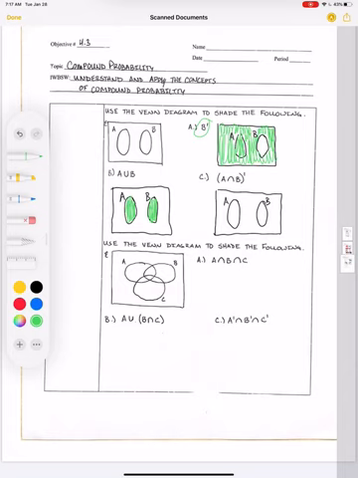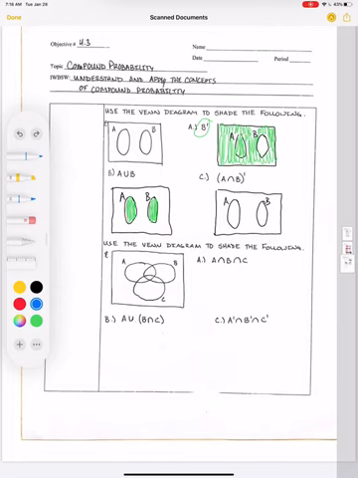Part C, it asks for the complement of the intersection of A and B. So where A intersects B, well, if you notice, they don't intersect. They don't cross. So we have to think about this.